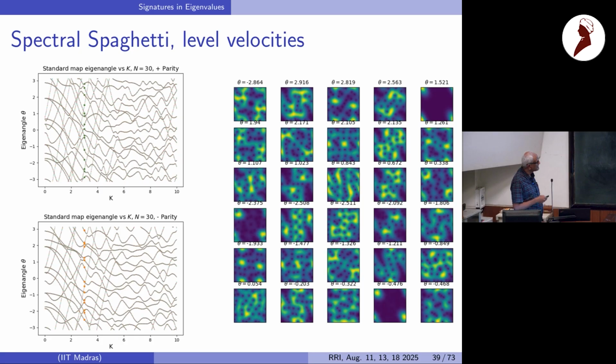If I plotted all the 30 together, you will find a lot of intersections here also in the chaotic region. That's because these two parity sectors are moving independent of each other. There's no interaction between them, and therefore they will give you some idea as if there are level crossings. But that's not true. Each of these levels belongs to different symmetry sectors.